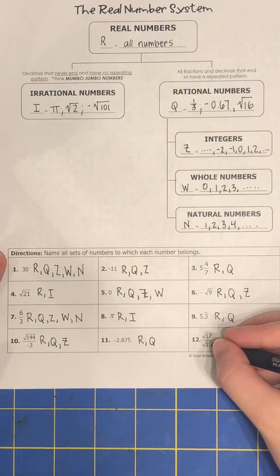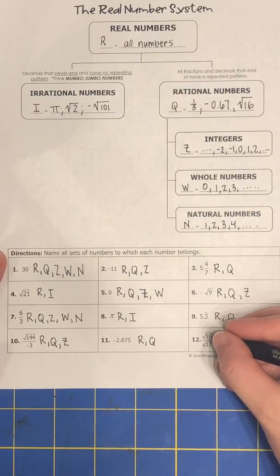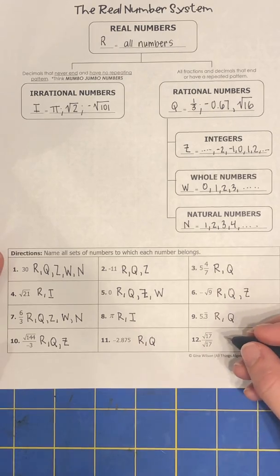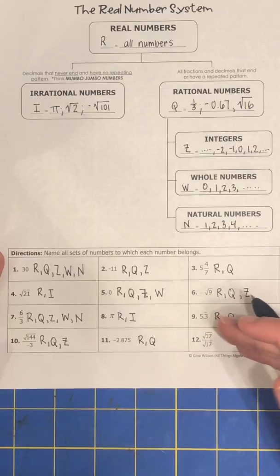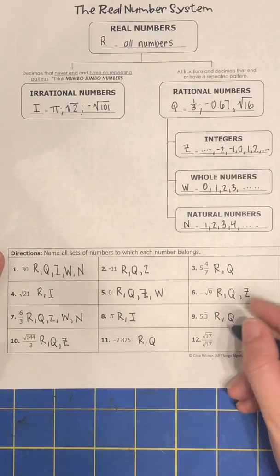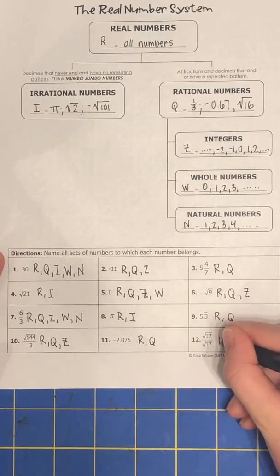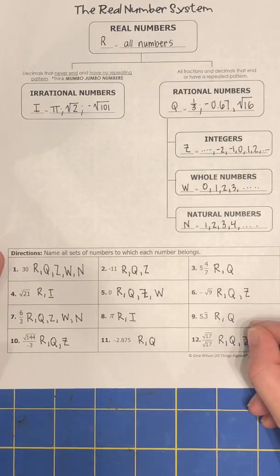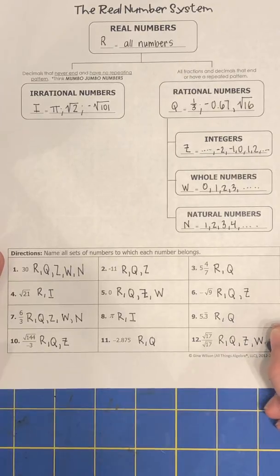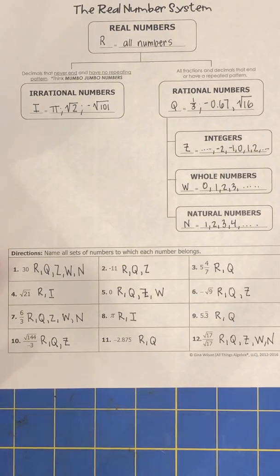Even though these are not perfect squares, anytime the numerator and denominator are the same, that is equal to 1. So this is a real number. It is a rational number because this equals 1. It is an integer, a whole number, and a natural number. That one was kind of tricky, I personally think.